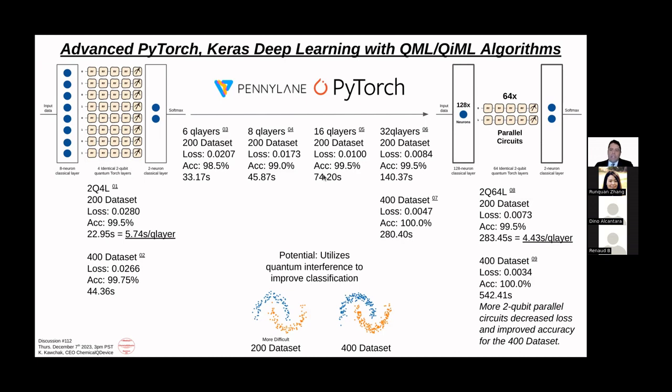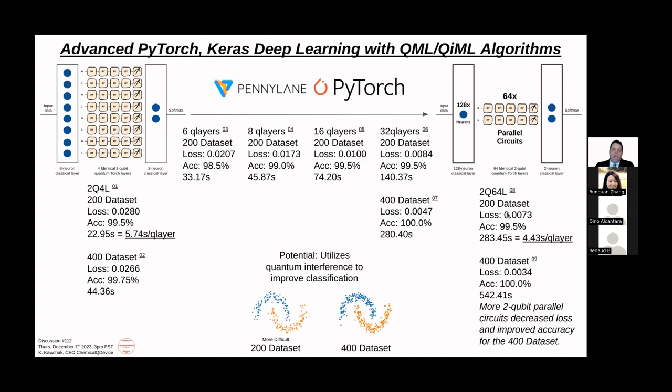And in this case, this is basically the second time it's been observed that increasing the number of layers decreases loss, pretty much across the board. And if you run something small like these 2-qubit circuits, you could still get pretty good loss. And it actually got 100% on this easier data set with twice as much data.